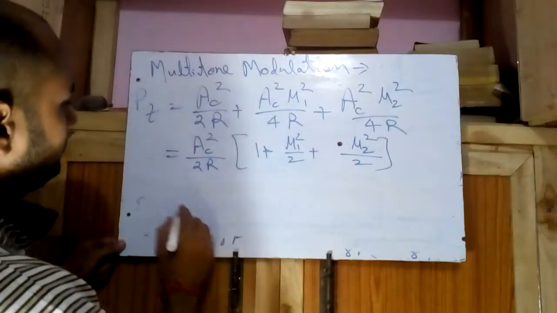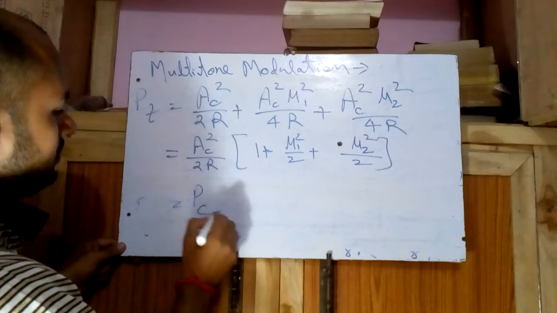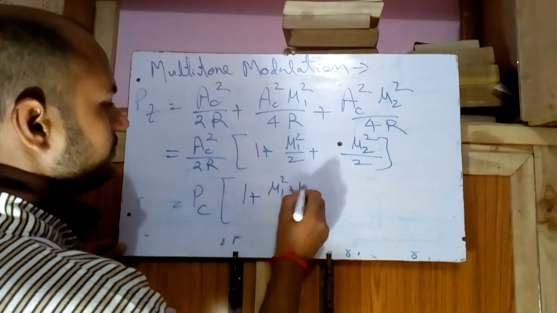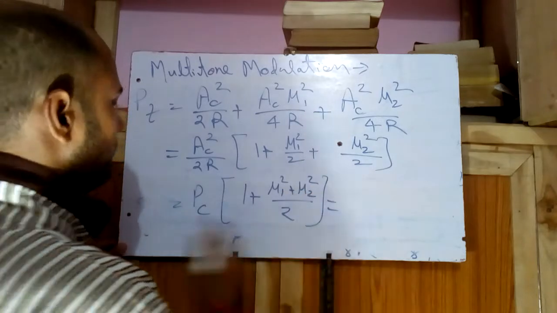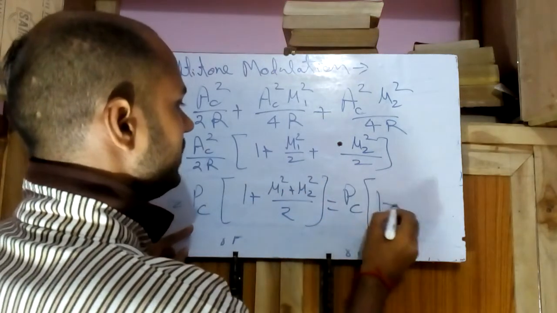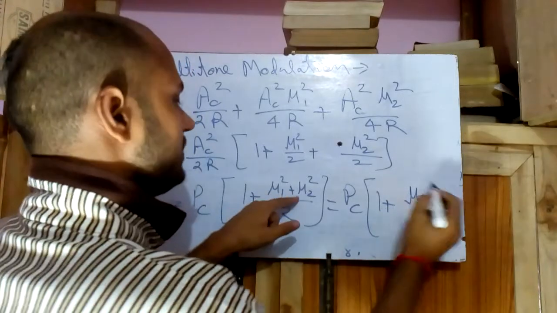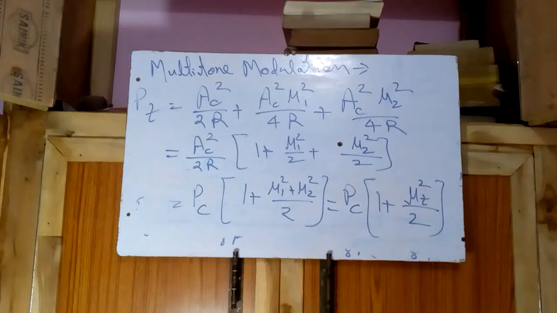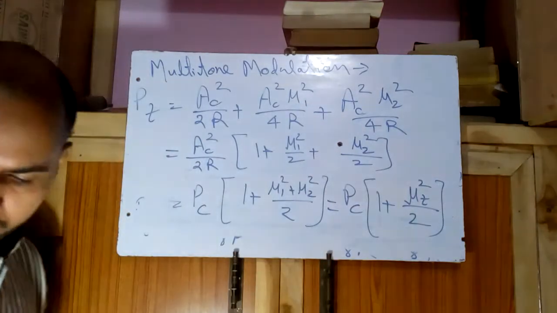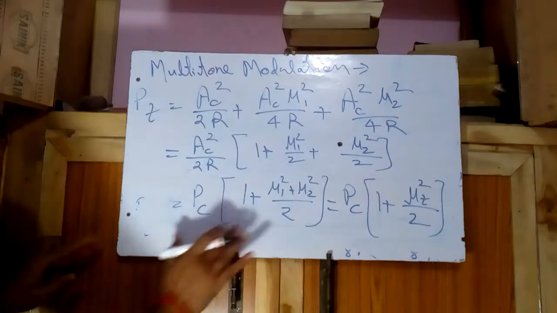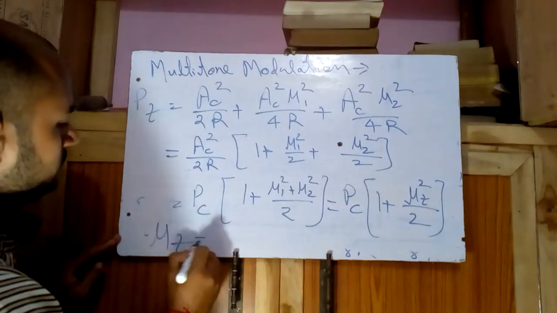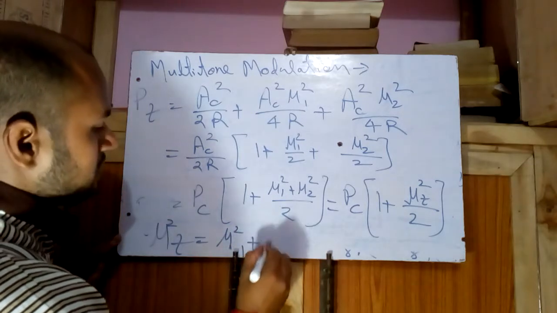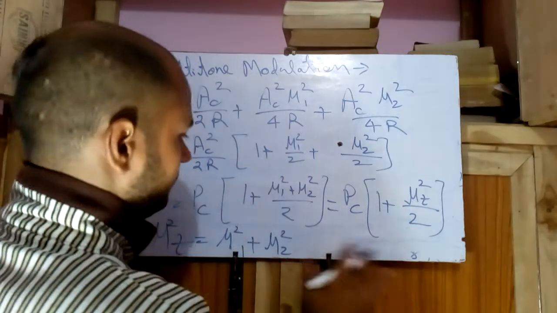So this will become Ac square by 2R, this is carrier power, times 1 plus (mu1 square plus mu2 square) divided by 2. We can write it like PC into 1 plus mu t square by 2. So this is the formula for total power, where mu t square is equal to mu1 square plus mu2 square.